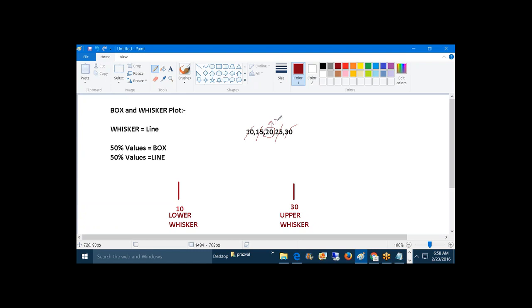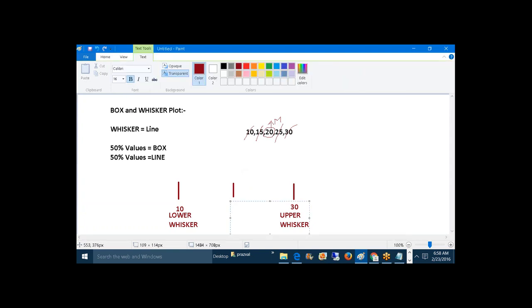It will indicate the median, or the mid value, with one line. It is called Q2, the median.